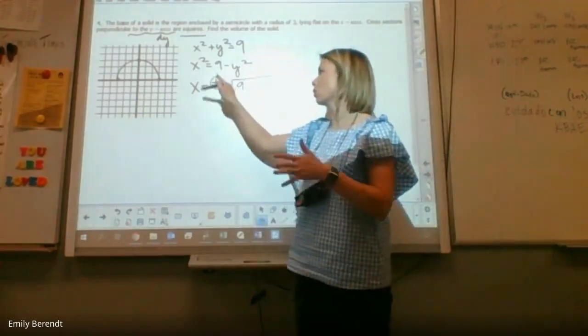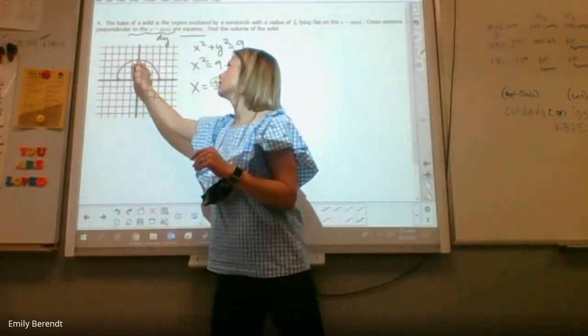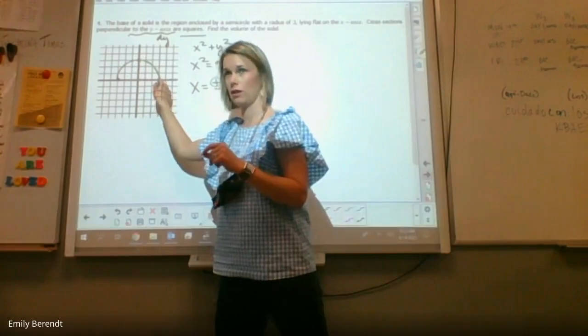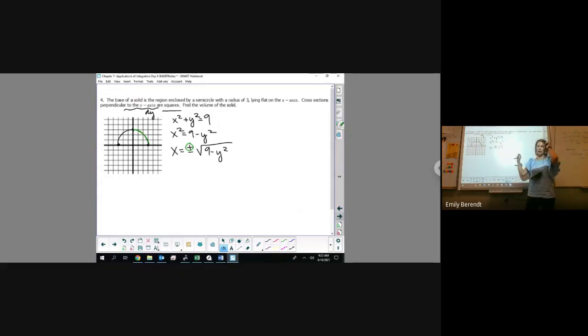So this portion, the positive root, is here. And the x's that are negative are to the left of the y-axis. Let's put my gray up and shade in.